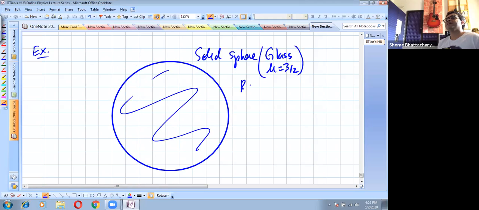And the radius, let us say, is 60 centimeters. Now inside that solid sphere, let's say we have something like a dust particle or an air bubble, which is over here. And we have two observers, observer A and observer B, who are both viewing it normally but from opposite ends.